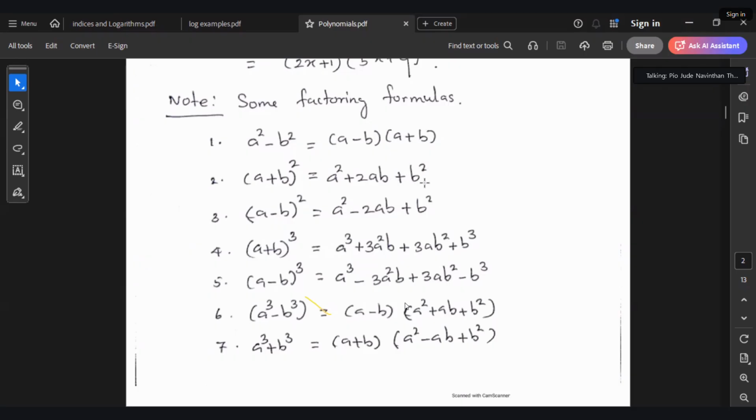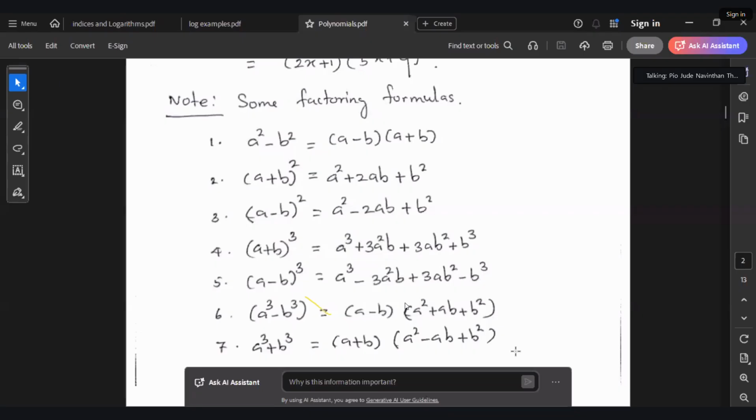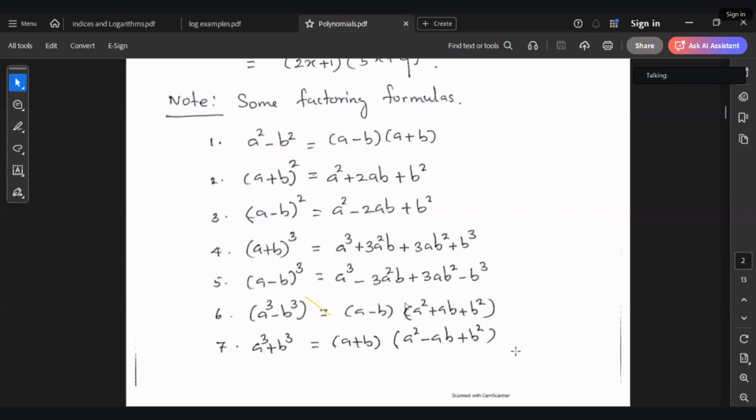Here b square, a0. B0 is there, but we don't need to put it. Here A0 is there, in front of B squared.